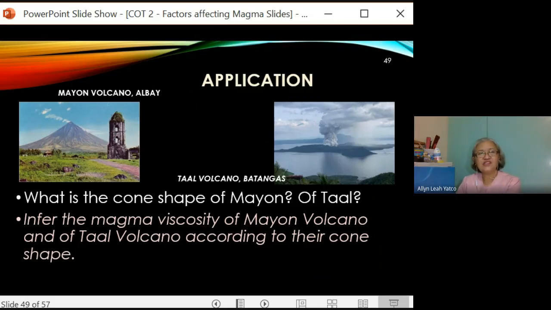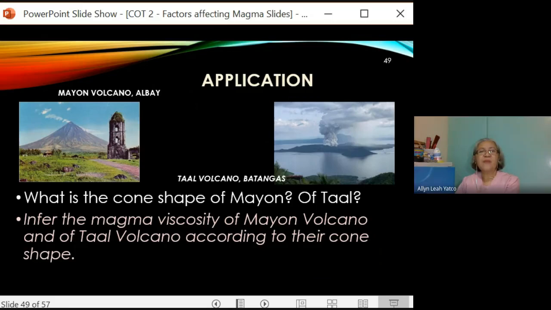Now, in this case, we can actually relate what could be the cone shape of a volcano depending on its magma's viscosity. So in the second question you have there, infer the magma viscosity of Mayon volcano and of Taal volcano according to their cone shape.